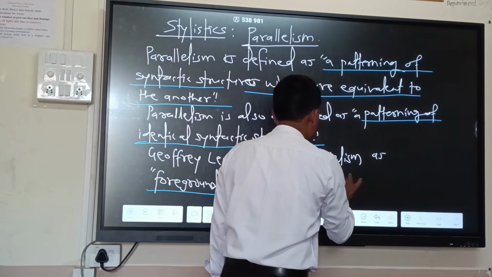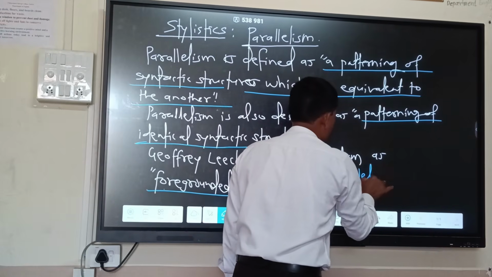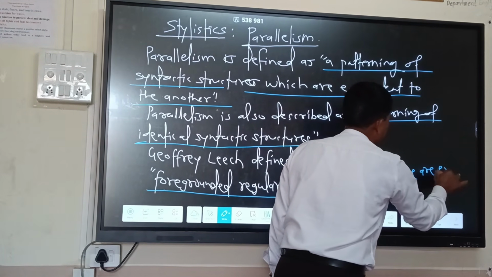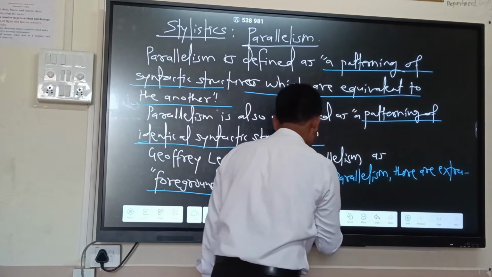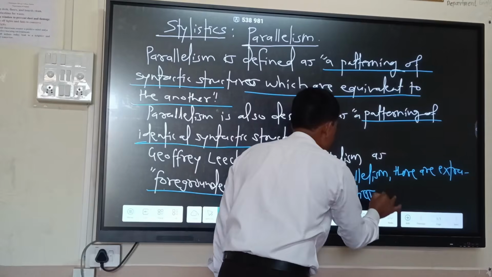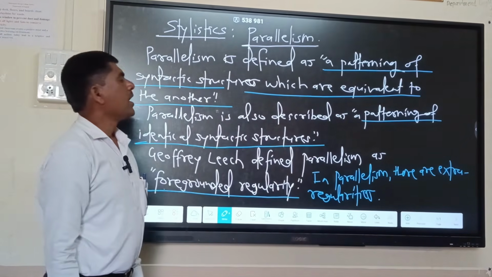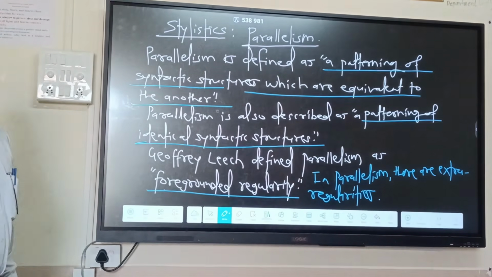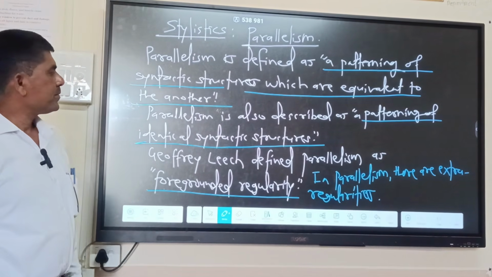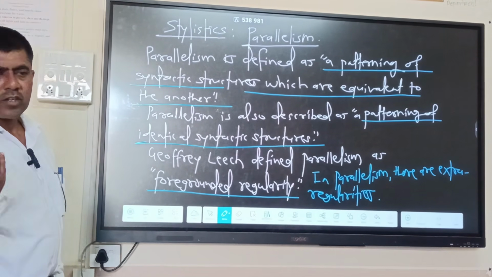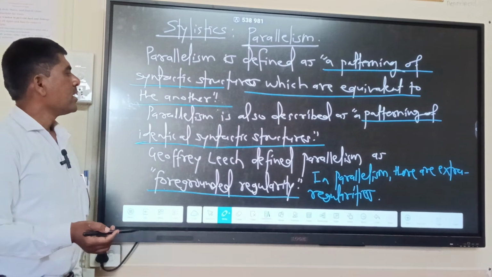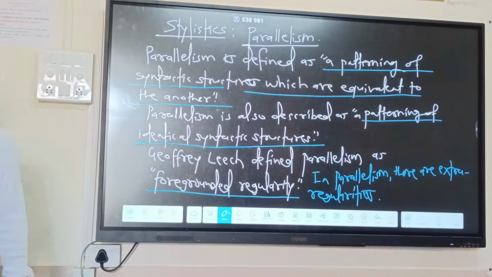In parallelism there are some extra regularities in terms of sentence construction or in terms of SPOC. Which are the extra regularities?